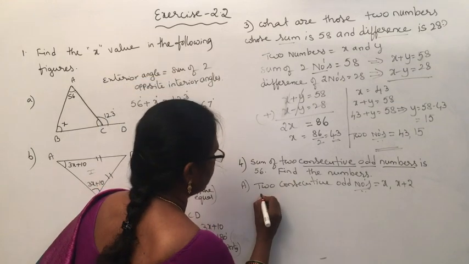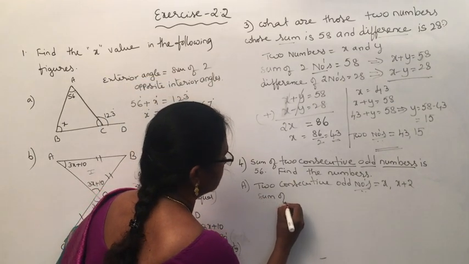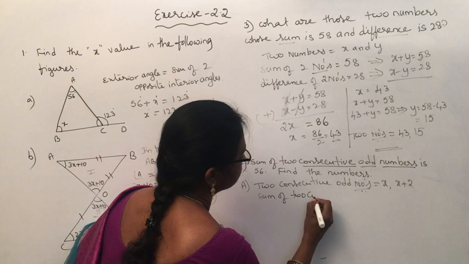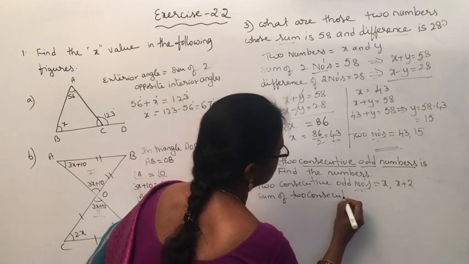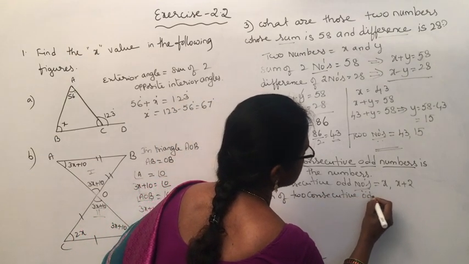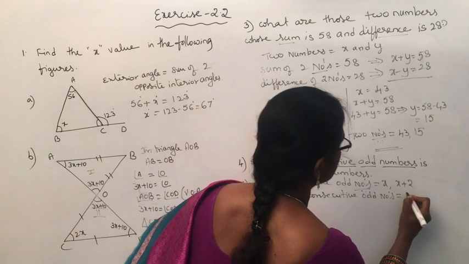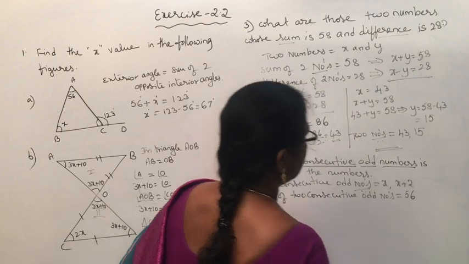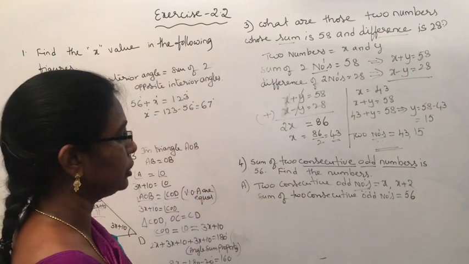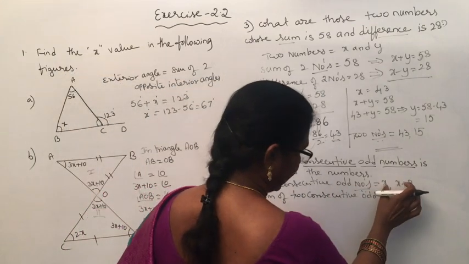Next, the sum of two consecutive odd numbers is equal to, how much is given? 56. Then what is the sum of two consecutive odd numbers? What we assumed: x and x plus 2.